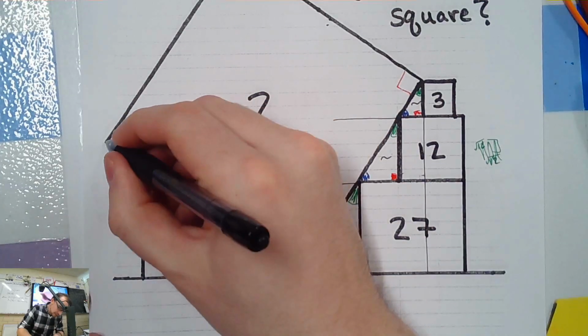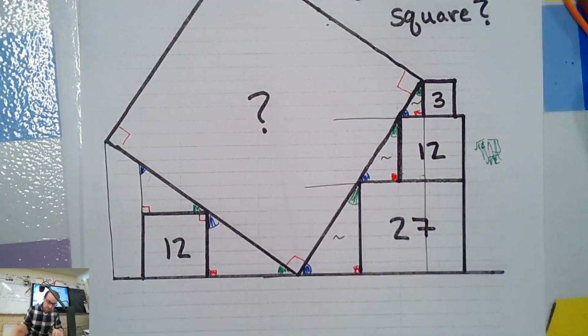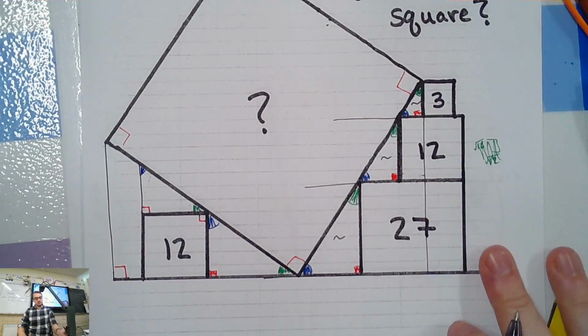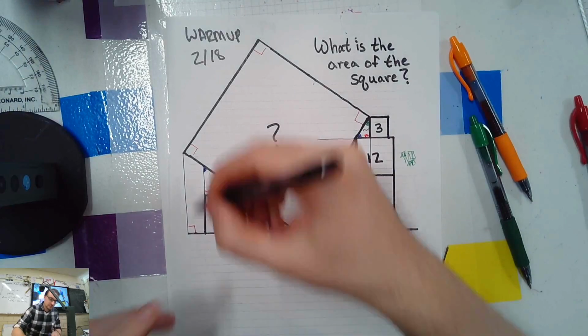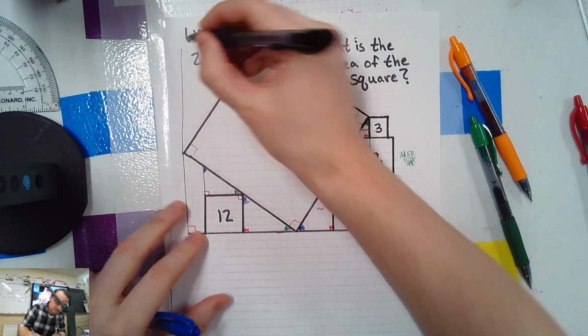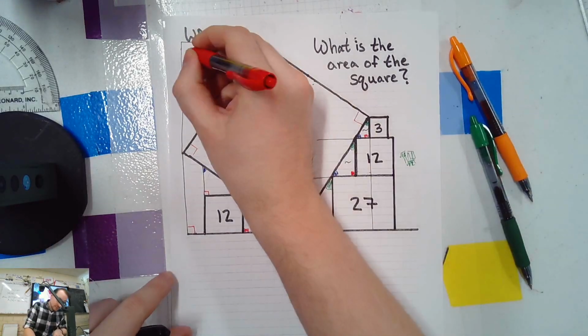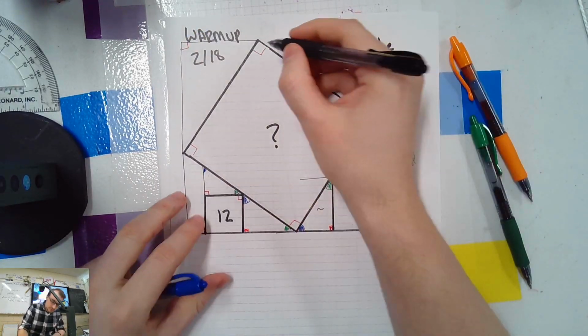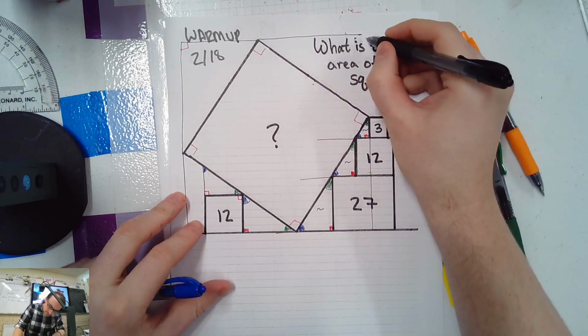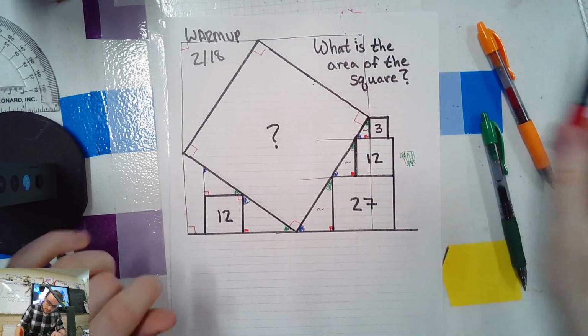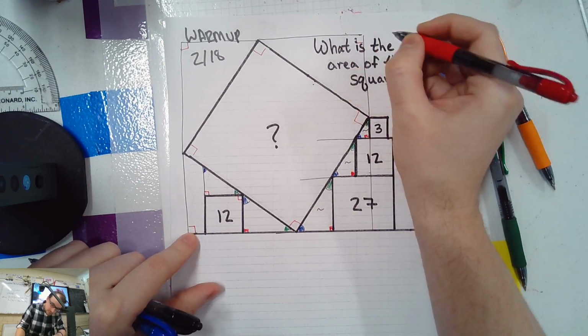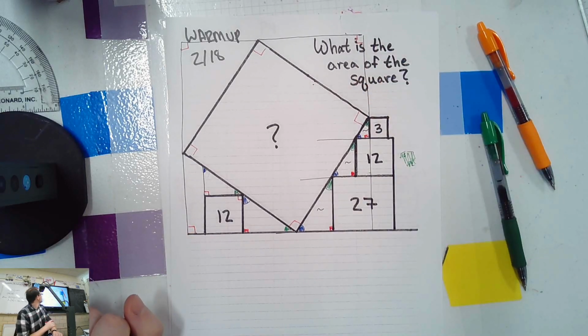What if I drop a line from here? What do you see?